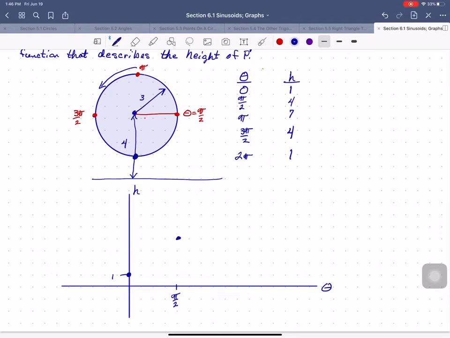So now when I rotate to pi, my point is 7 feet off the ground.